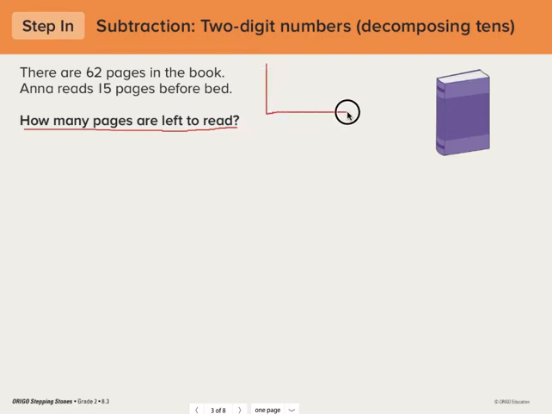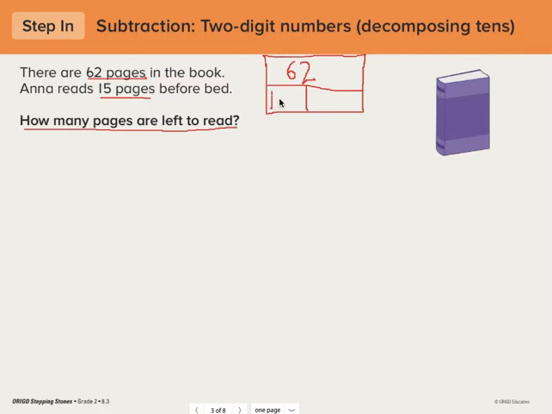When we try and determine what the problem is telling us and what we have for information, I like to make the total part boxes just so I can keep myself organized. So we know our total would be the total number of pages in the book, and that's 62. It says that Anna reads 15 of them.